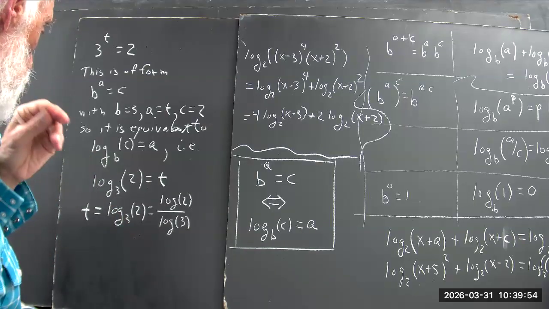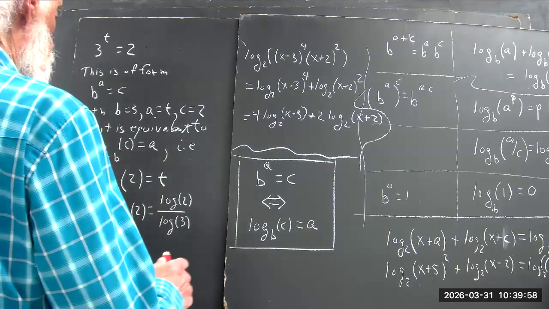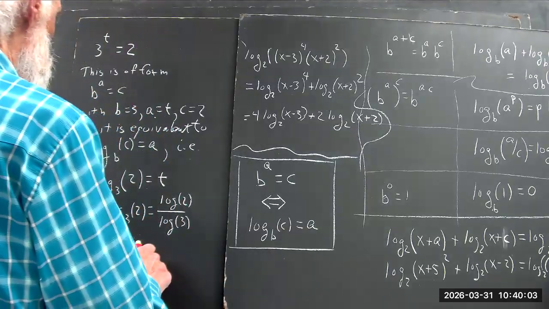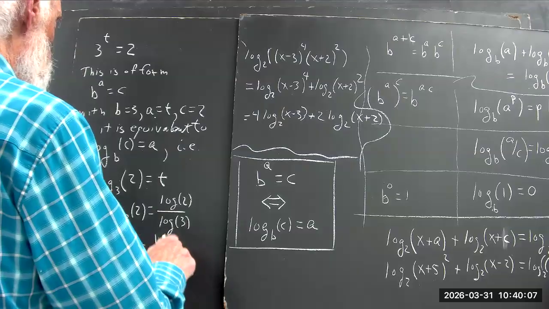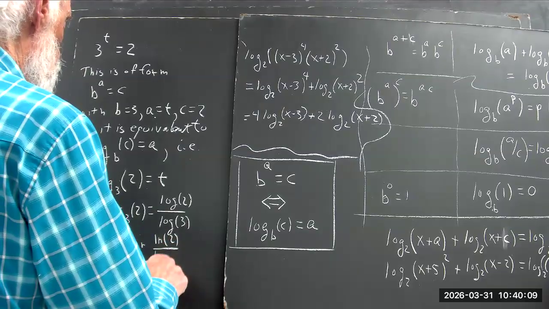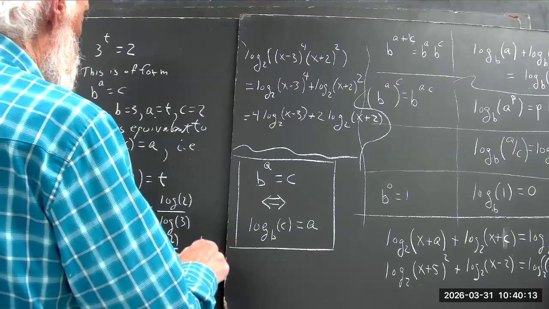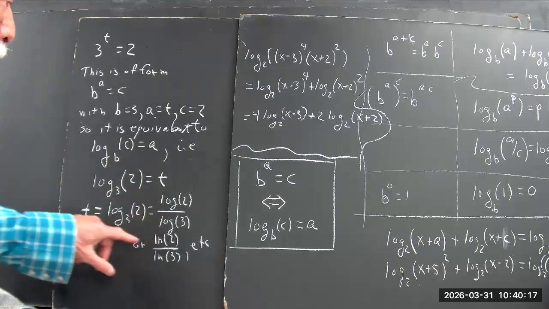And this is any log. You could use a natural log, which you have on your calculator. Natural log of 2 over natural log of 3, etc. Doesn't matter what base this log is.